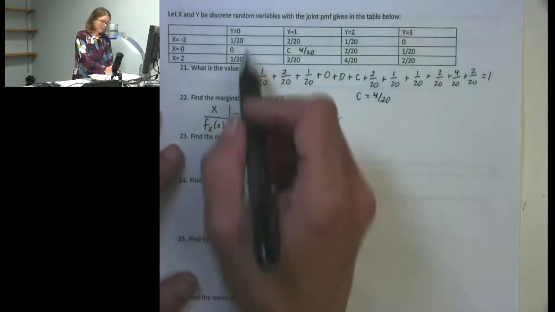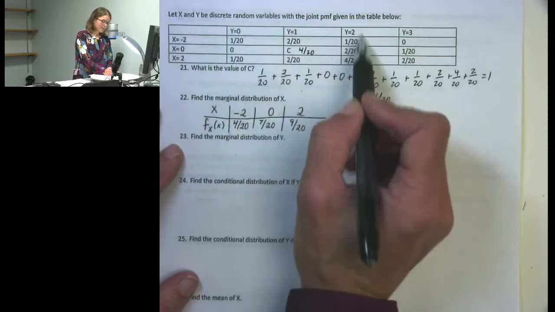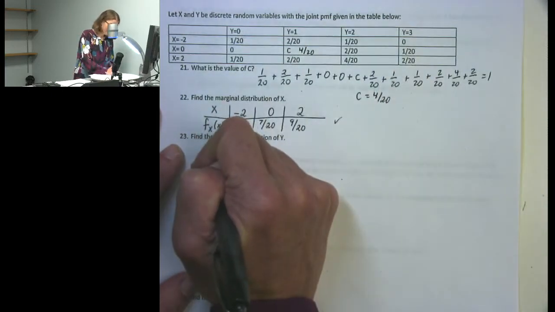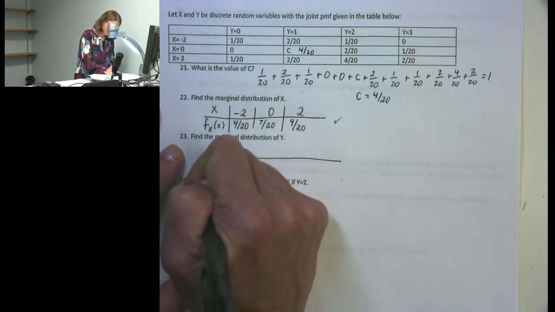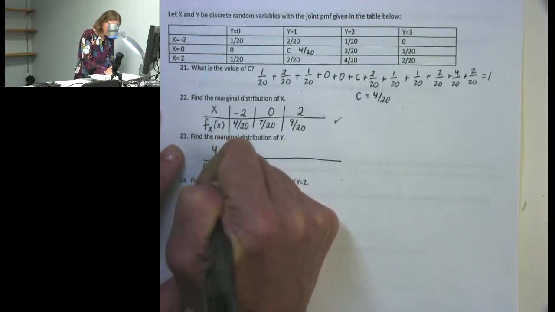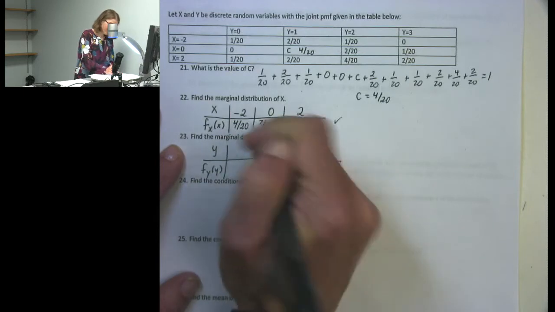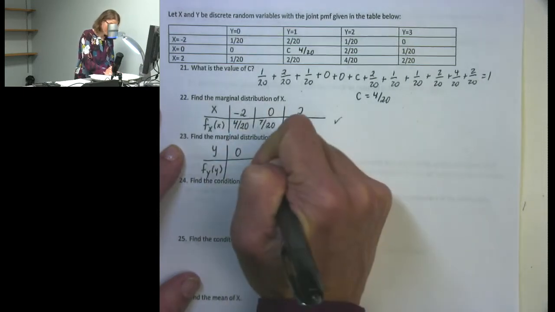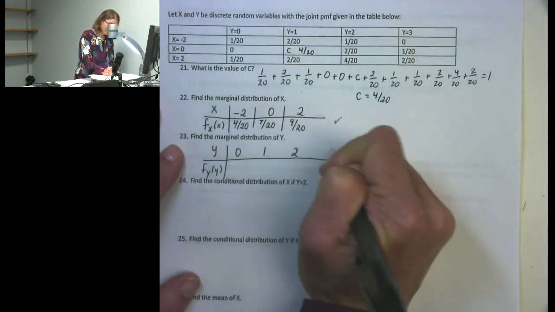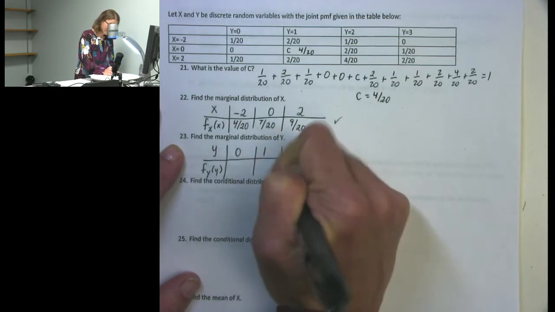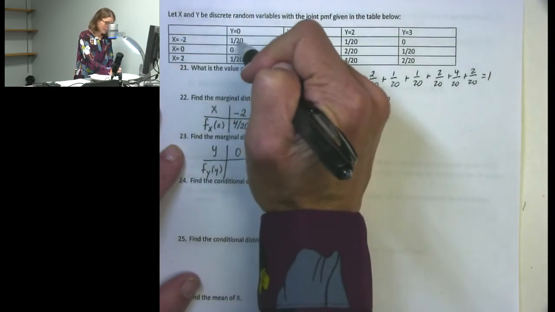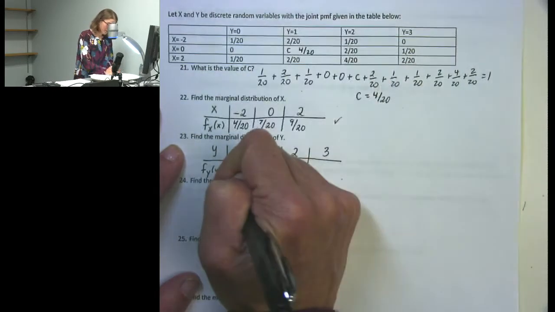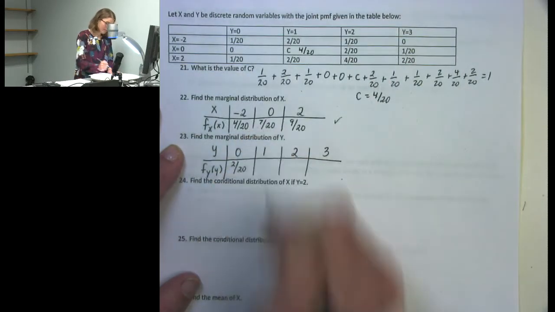The marginal distribution of y, I'm going to do the same basic thing, but this time for each of the possible values of y, I'm finding the probability that y takes that value. So my possible values are 0, 1, 2, and 3. The probability that y equals 0 is 1/20th plus 1/20th is 2/20ths.